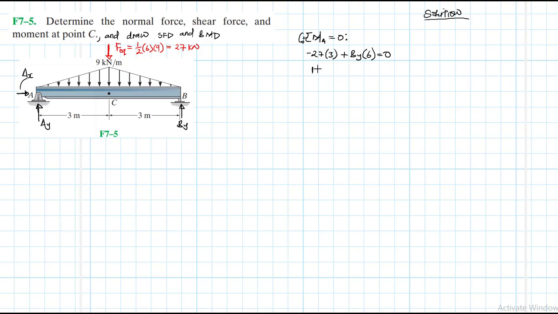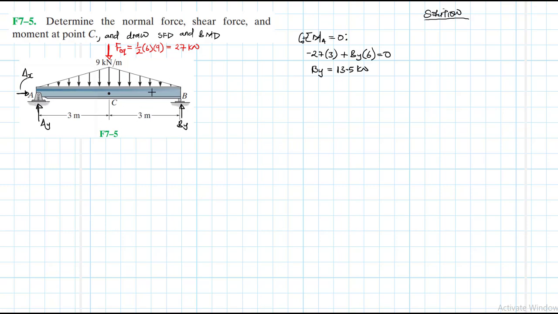BY therefore is going to be equal to 27 by 3 divided by 6. So we expect 13.5 kilonewtons.